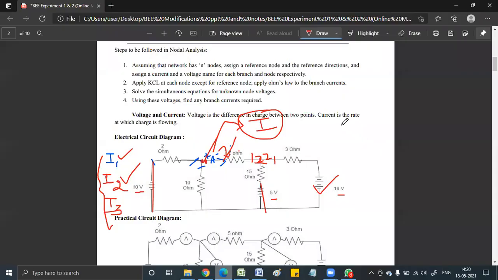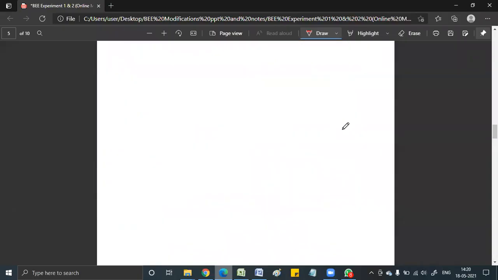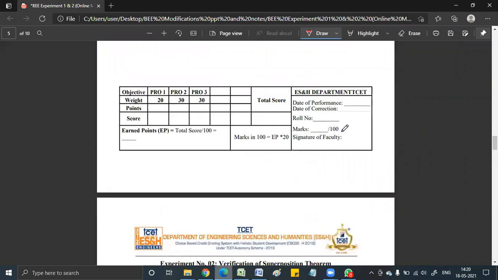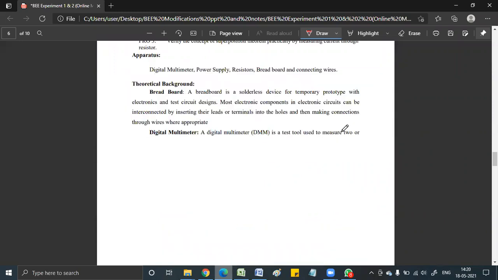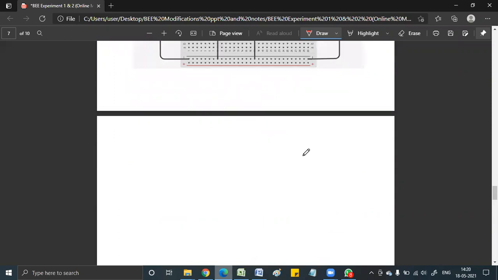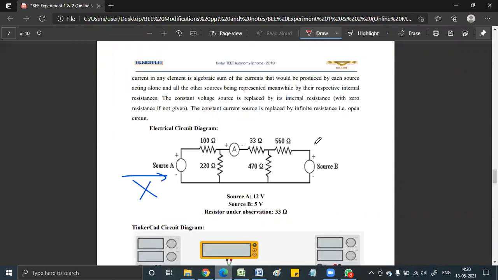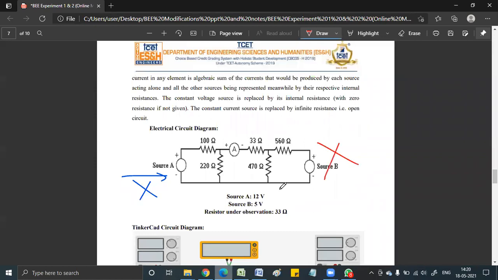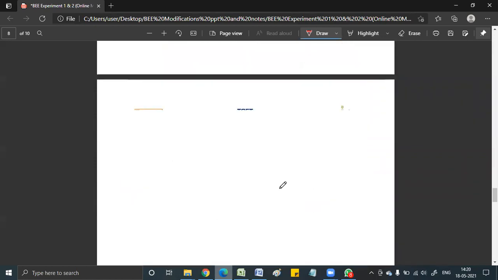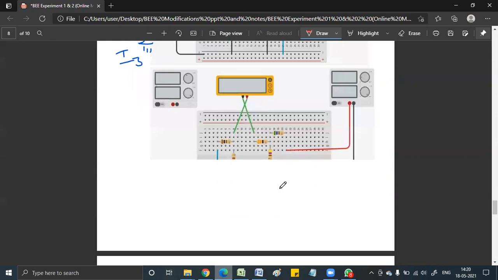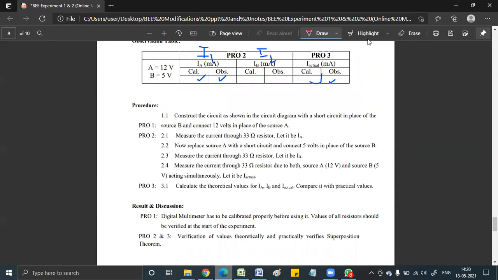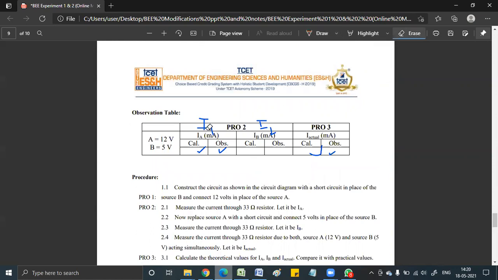In your observation table, for example, if you look over here, now your circuit is not this. You're taking the first experiment's circuit table. So what will you have in your observation table? You will have one more column that you have to add.